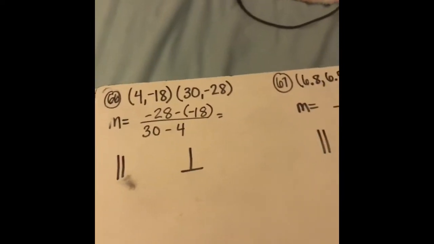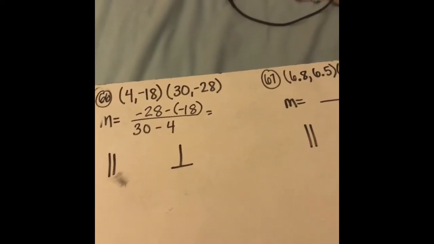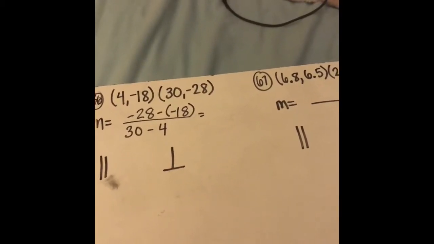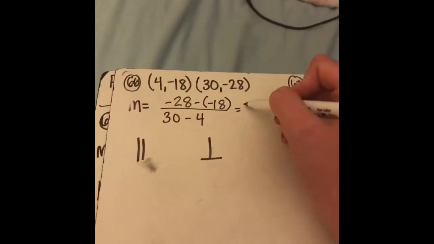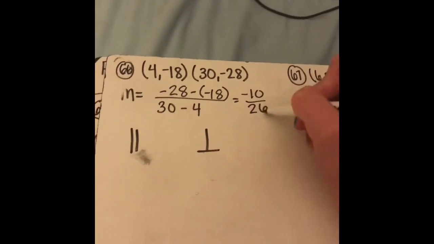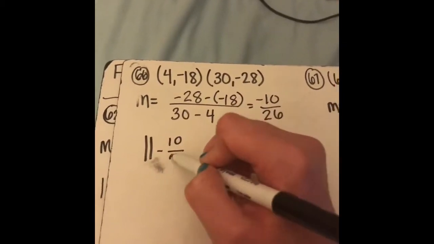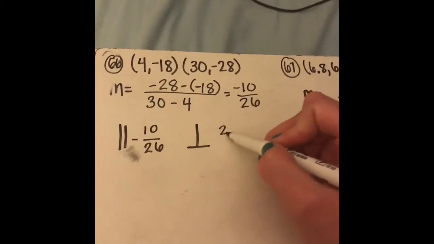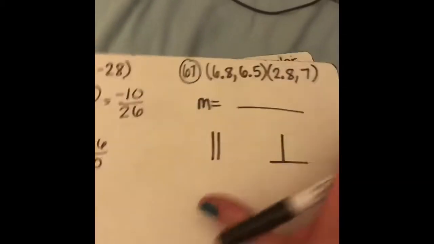Okay, so negative 28 minus negative 18 is negative 10, and 30 minus 4 is 26. Perpendicular would be the negative inverse, so 26 over 10. Okay. And last one of these.